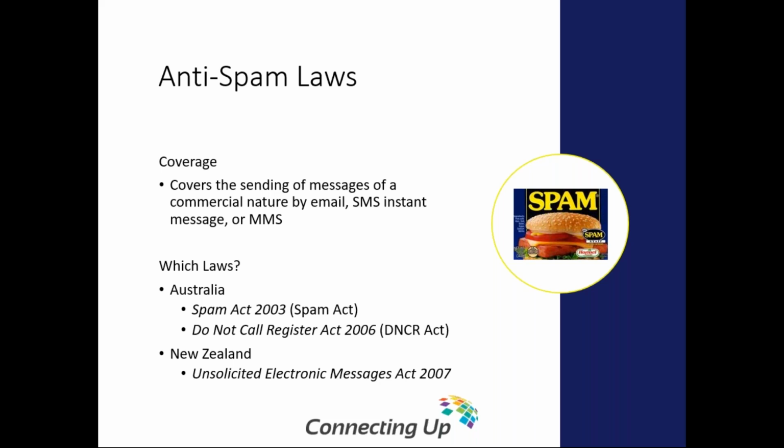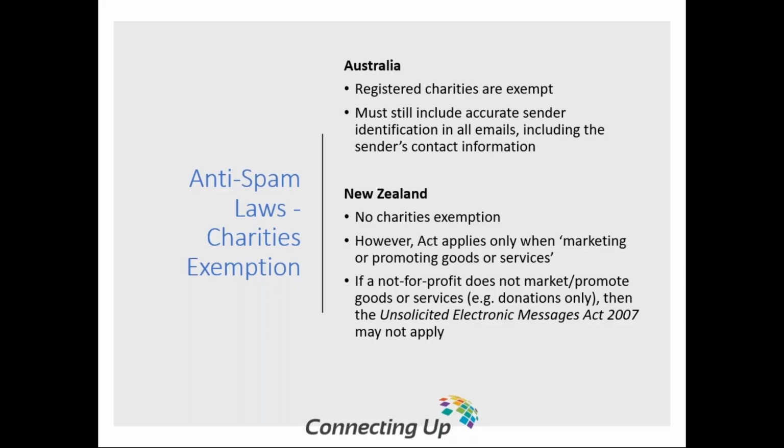And it might be that solicitations, for example, participation in an event, may be regarded as an email or a message of a commercial nature, which might bring your organisation within the anti-spam laws. So in Australia, registered charities are exempt from the anti-spam laws.